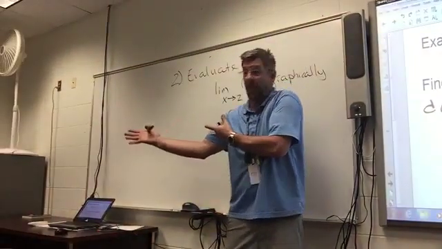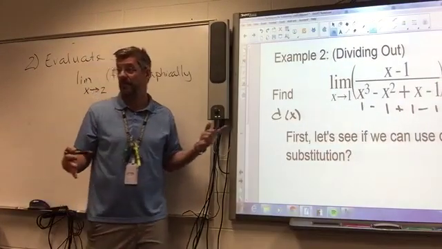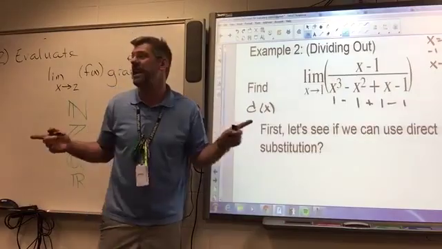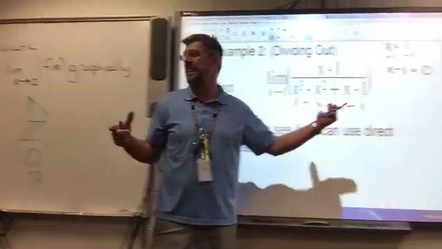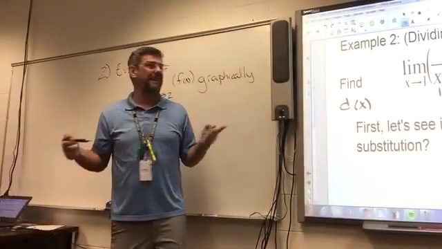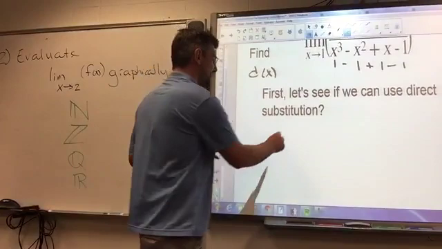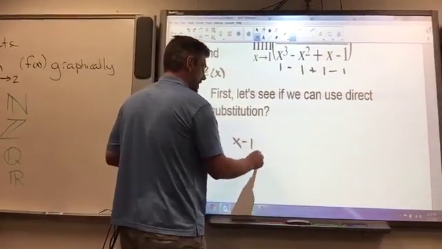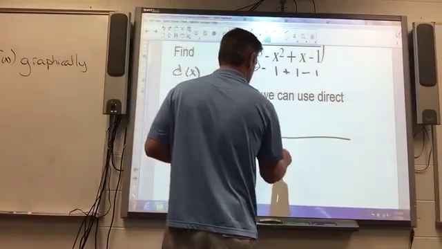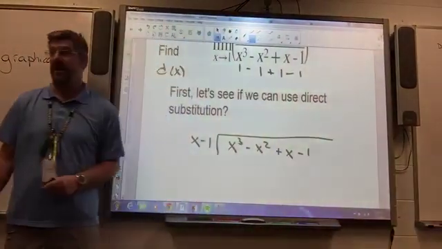It's the remainder theorem all over again. Who remembers the remainder theorem? We glossed over it. So what should I do to find the other factor of this polynomial? Yeah, divide by x minus 1. So let's do that. Let's do x minus 1 goes into x cubed minus x squared plus x minus 1.